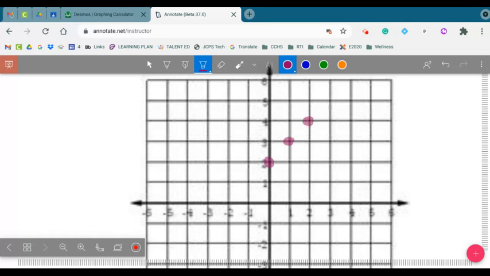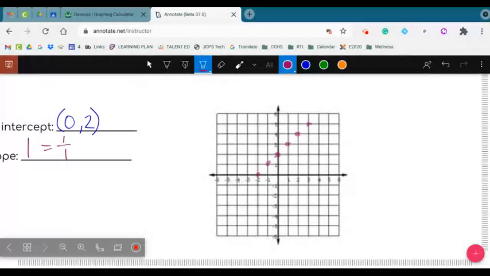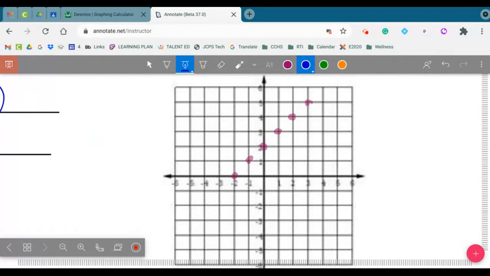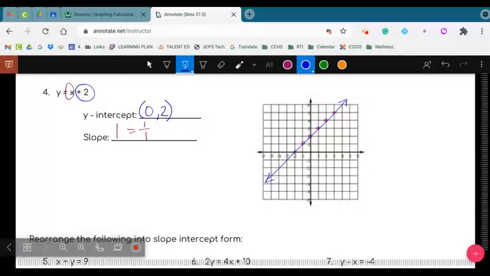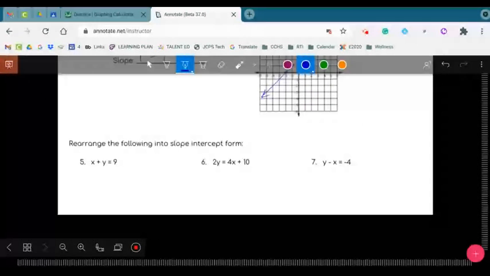You can go in the opposite direction too if you need to. And then we're going to graph our line. And that is our line. So that was our last one.